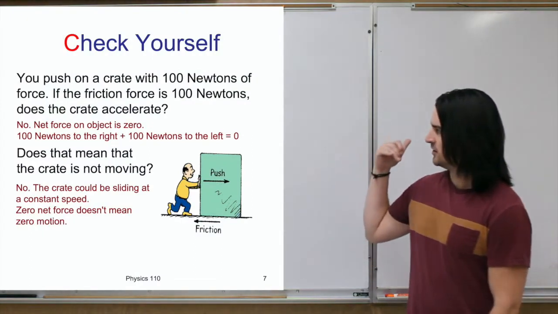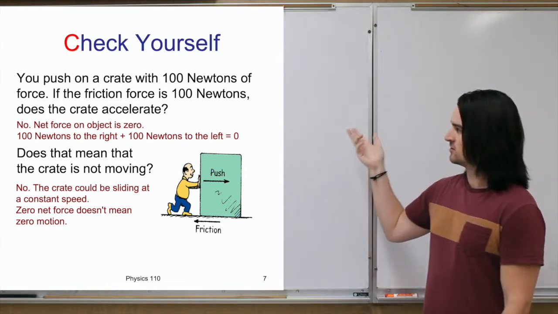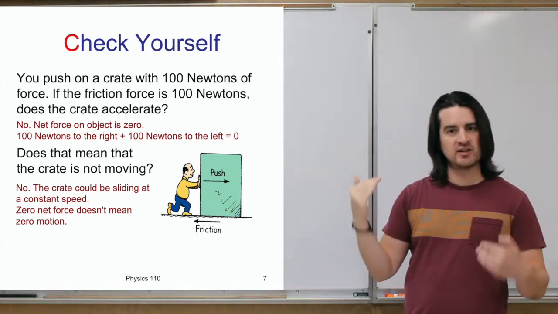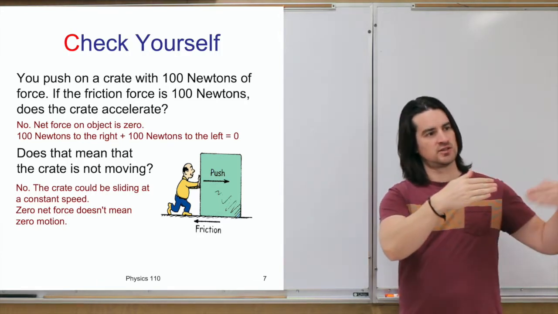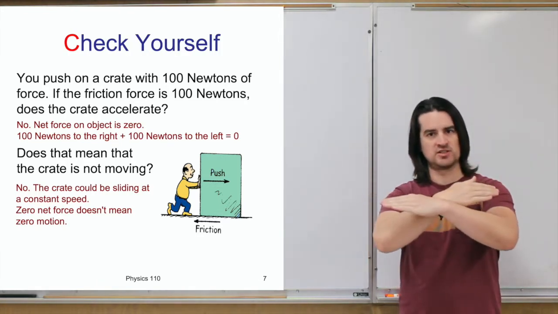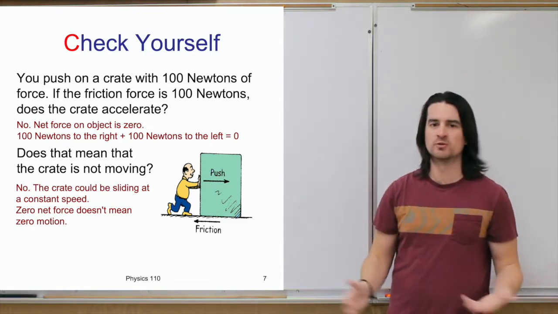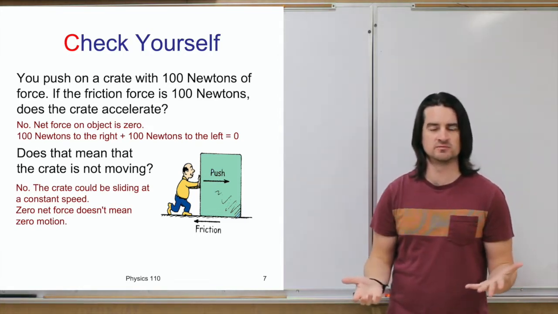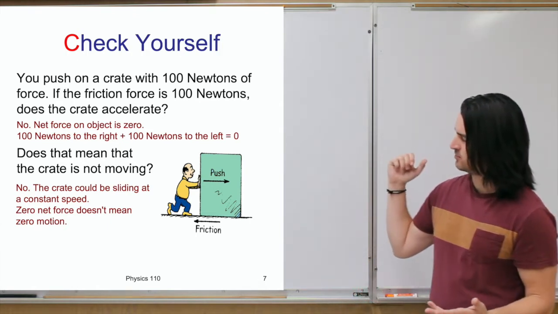Okay, so for the first question, hopefully you said no, the crate's not going to be accelerating, because the net force on the object is 100 newtons this direction, 100 newtons that direction, opposite each other. So they essentially cancel each other out. You get zero net force, which means no acceleration. So does that mean that the crate is not moving?